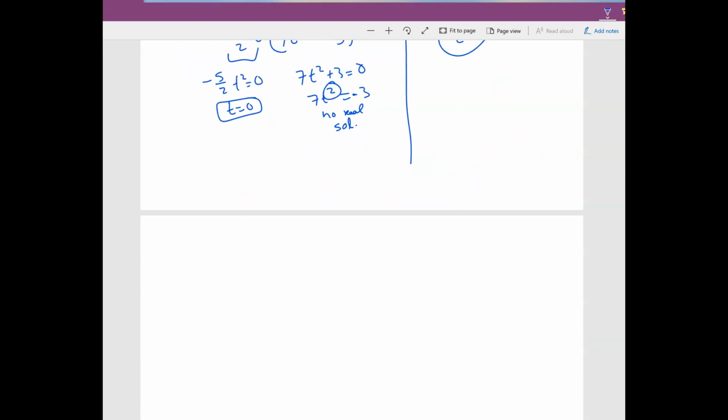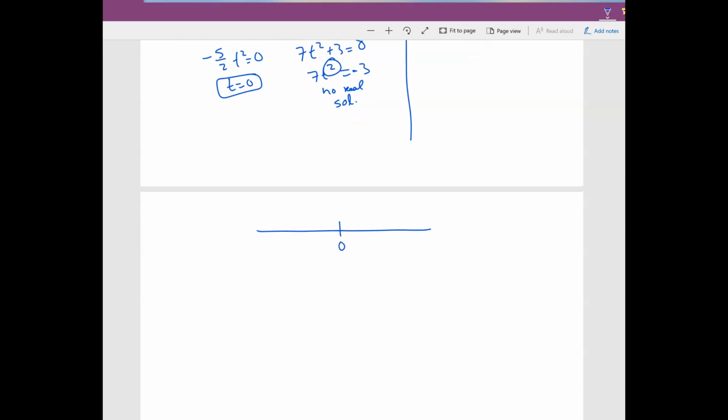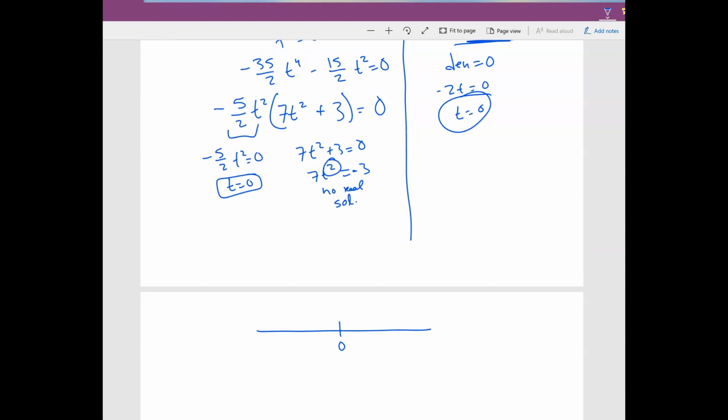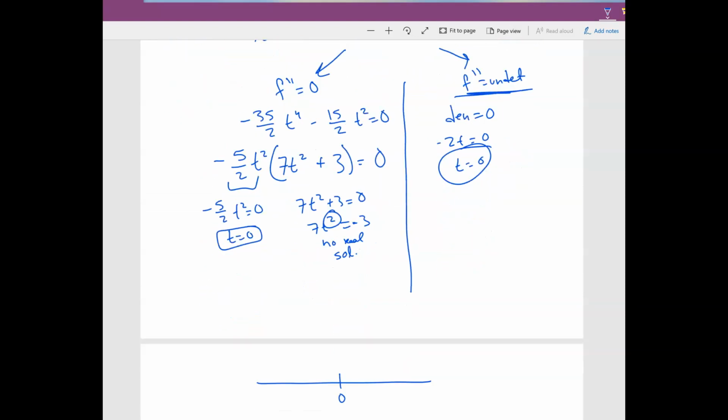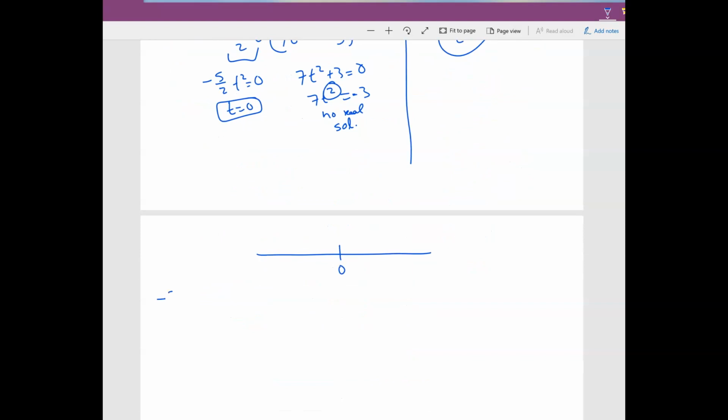Let's go ahead and take a look at 0. Now we're going to use the second derivative test. So if we go to our original expression, negative 35 over 2 t to the fourth minus 15 over 2 t squared, divided by negative 2t.